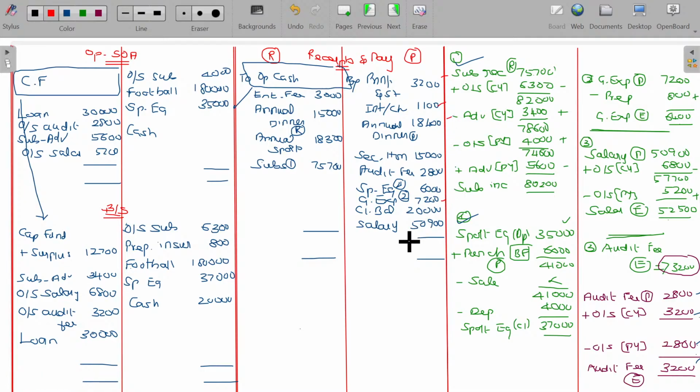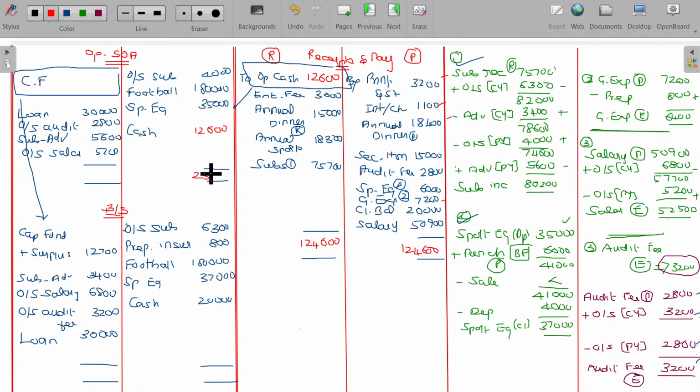One lakh 24,600. So 1,24,600. Then your opening cash balance being the balancing figure, 12,600 will come here. Come on, total the opening statement of affairs to find out the capital fund.